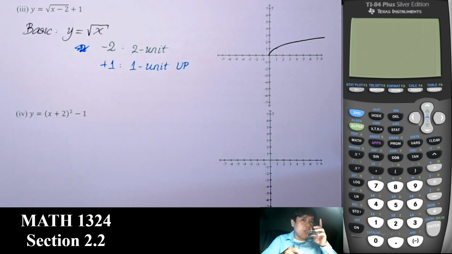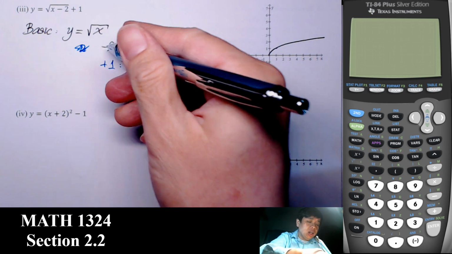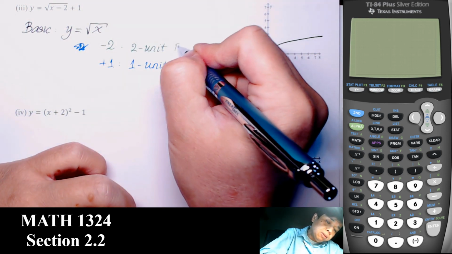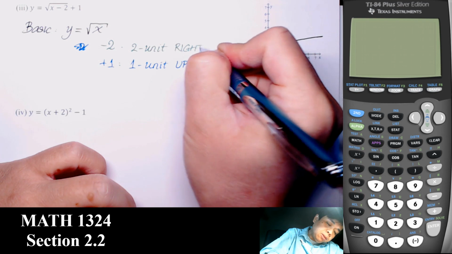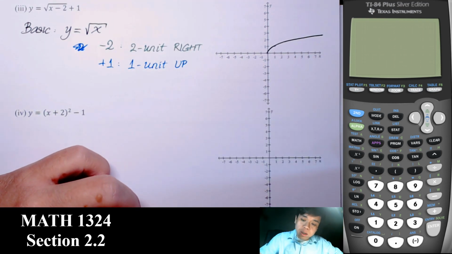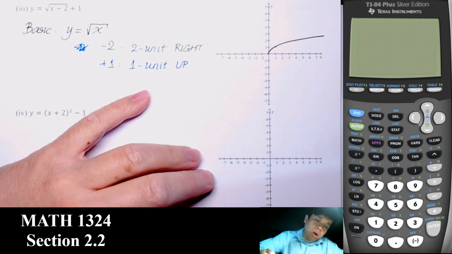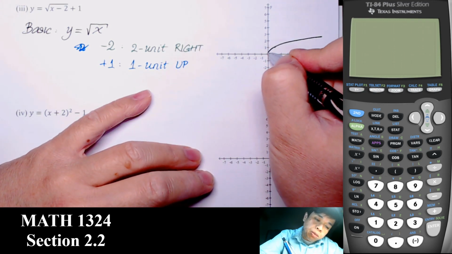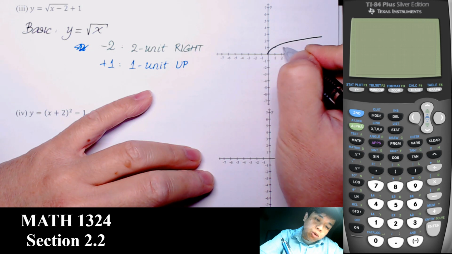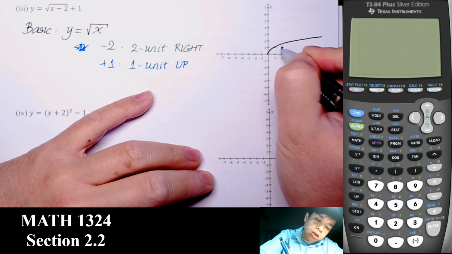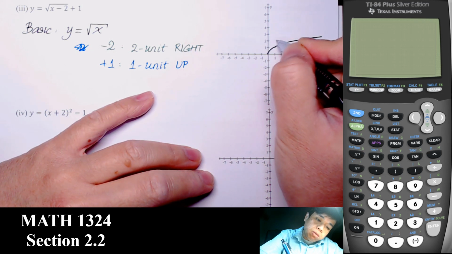You have to work opposite to that. If negative, it moves to the right. So in that case, we can just say 1 unit up and 2 to the right. So 1 up, 2 to the right.